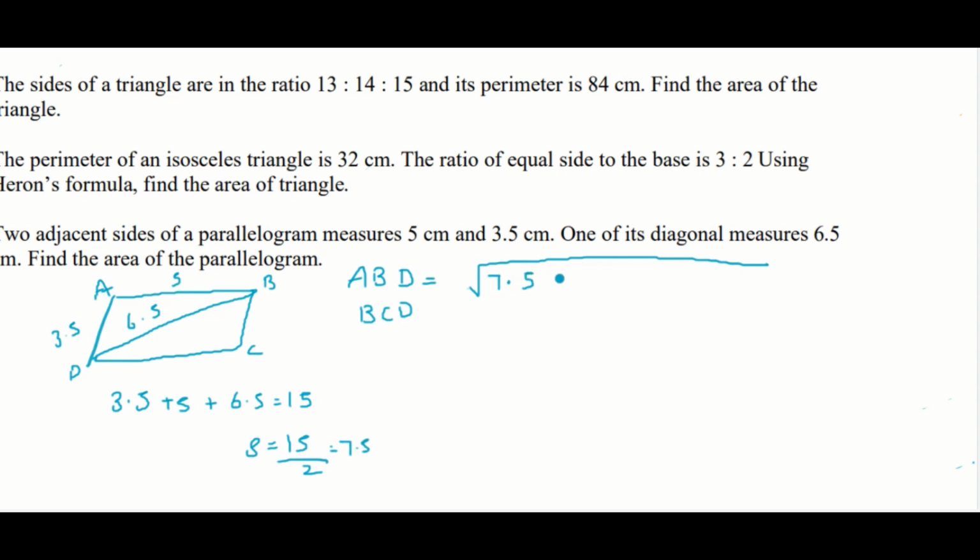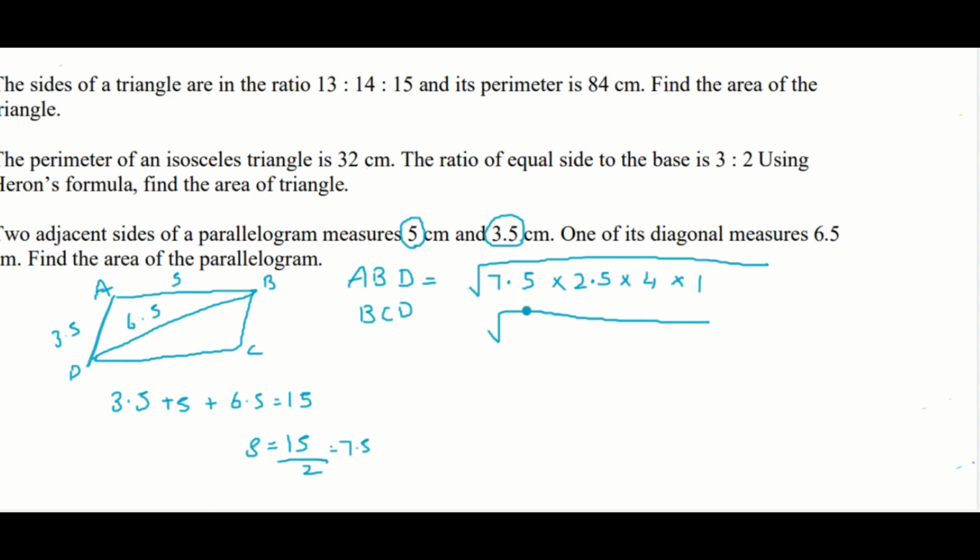S is 7.5. Then S minus a: 7.5 minus 5, which will be 2.5. Then S minus b: 7.5 minus 3.5, which will be 4. And the third side, which is the diagonal, 6.5: 7.5 minus 6.5, 1.